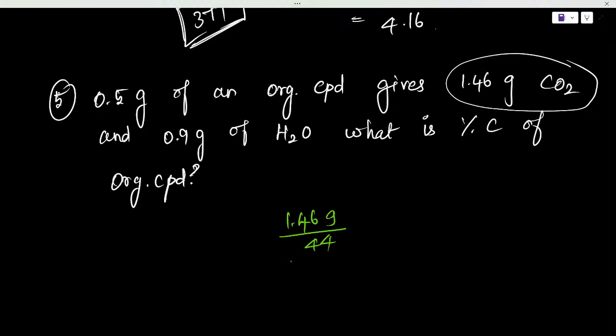CO2 molecular weight is 44. They are asking for carbon percentage, so I am going to multiply it by 12 divided by the whole weight of the organic compound, which is 0.5 grams, into 100 will give you the percentage.